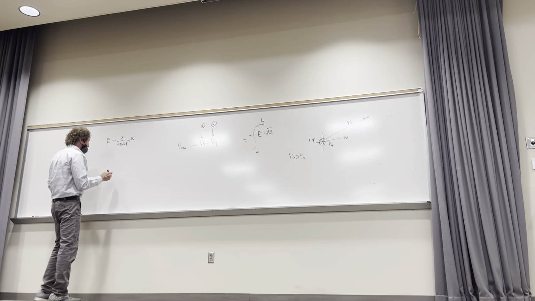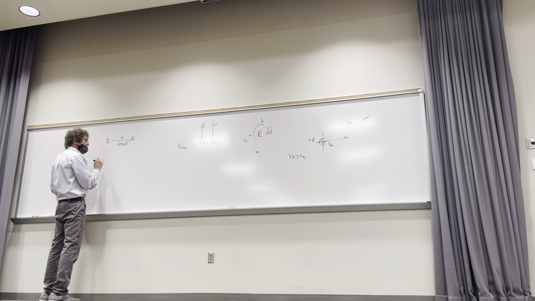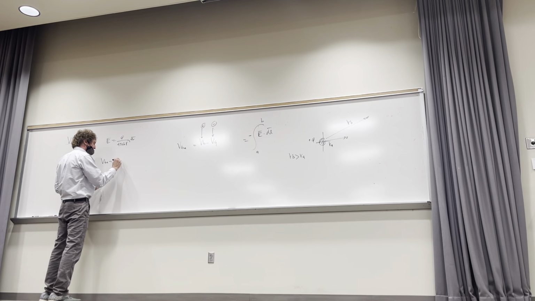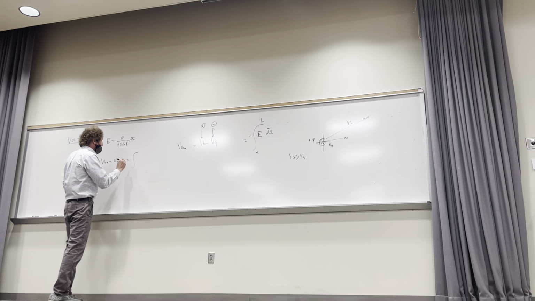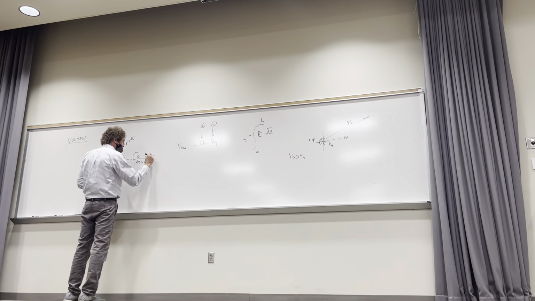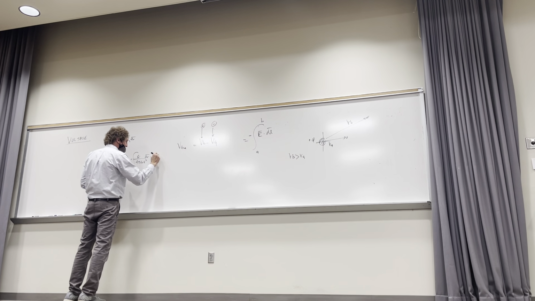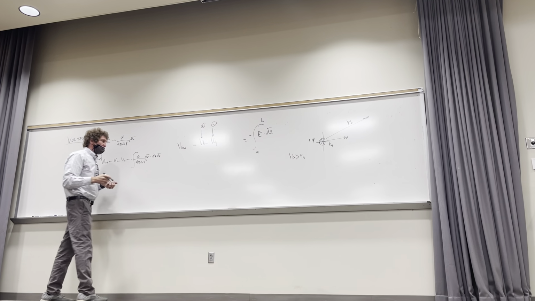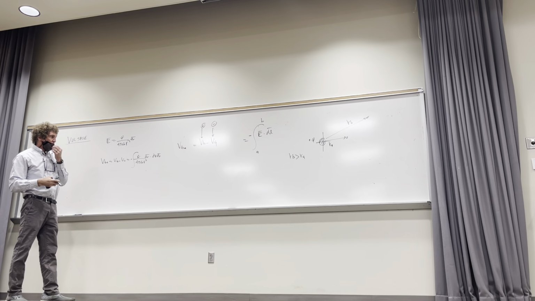Now, if I wanted the voltage between any 2 points, he likes going from B to A. I'm going to take the integral of minus Q over 4 pi epsilon naught R squared AR dot DL, which would be simply DR AR. There's 2 other terms, but the dot product would be 0, the other terms dotted into AR.